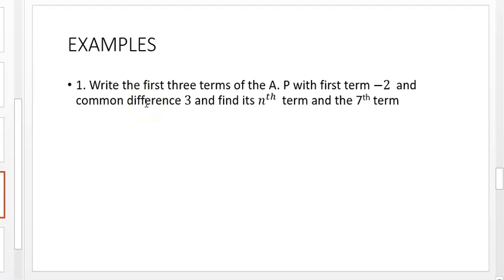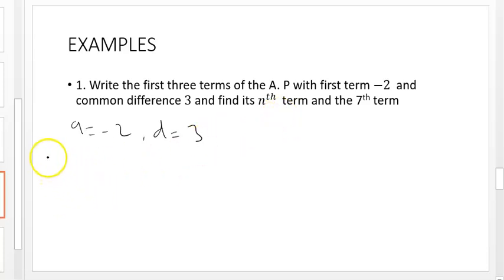So we have another example here. Write the first 3 terms of an AP with the first term minus 2 and common difference 3, and find the nth term and the 7th term. Very nice question. To solve this, we know that our first term A is minus 2, common difference D is 3. So we find the nth term.